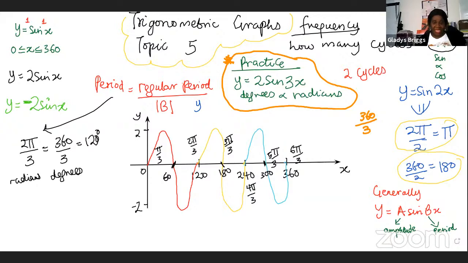So let me see. I'm looking for trigonometric graphs on my maths for you guys. Let me see. Sine graph. If I don't see it on here, sine and cosine graphs.